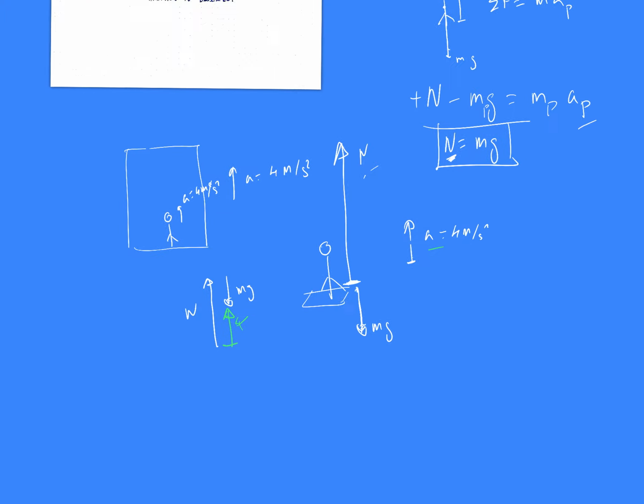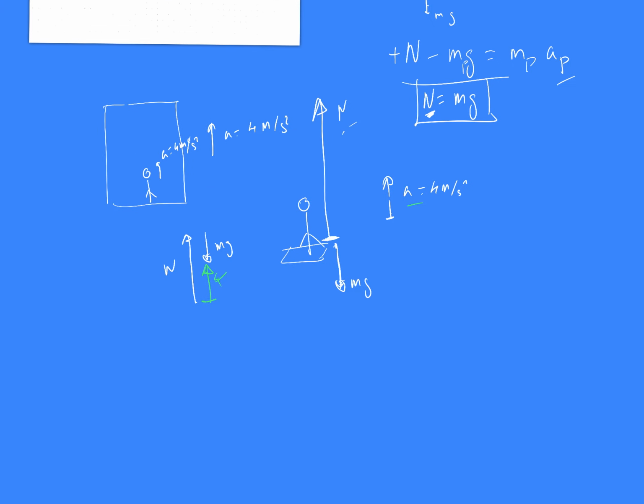Once we realize that the value of the normal force has to be bigger than the value of mg, we apply Newton's law and choose the positive direction as the same direction as the acceleration, going upward.